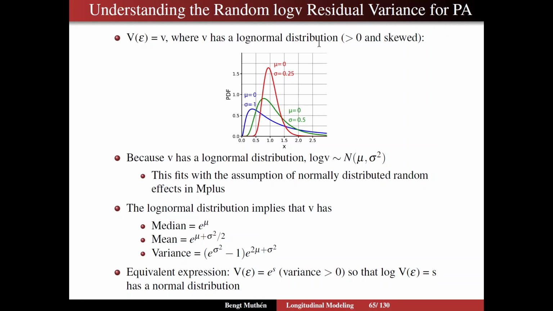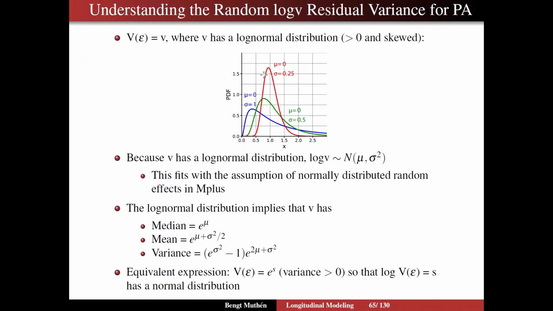And we know that variances have a skew distribution, a long right tail. And here is a plot of those kinds of log normal distributions for different parameter values. So it gets a particularly strong skew when the variance is large for the log normal, and gets more normal looking when the variance is smaller.